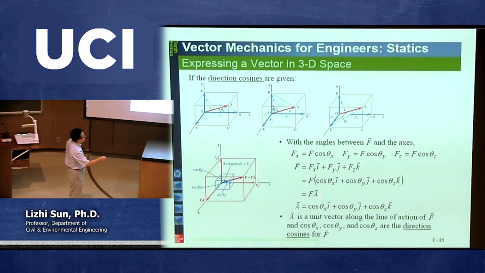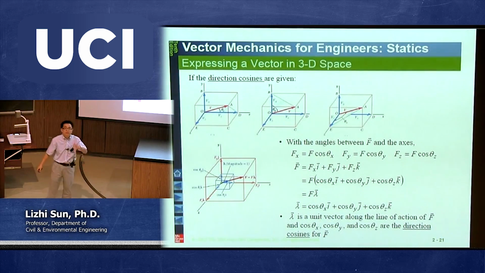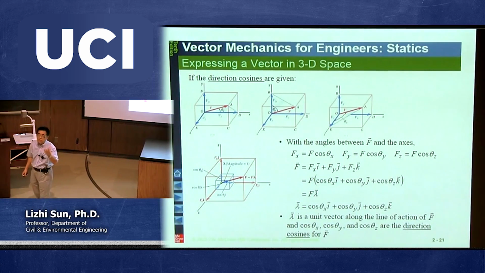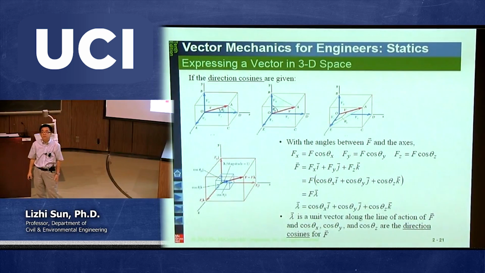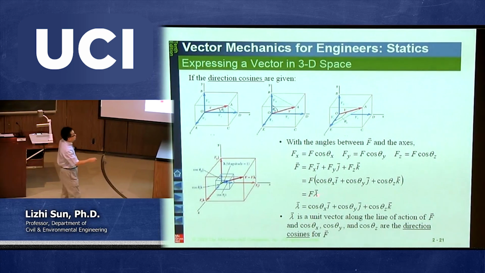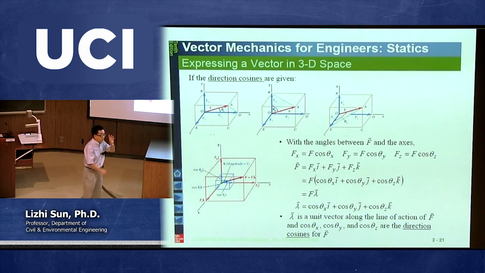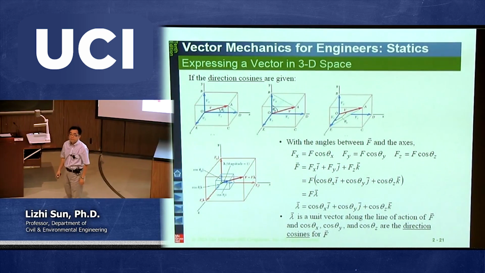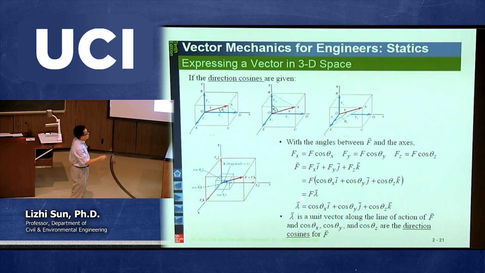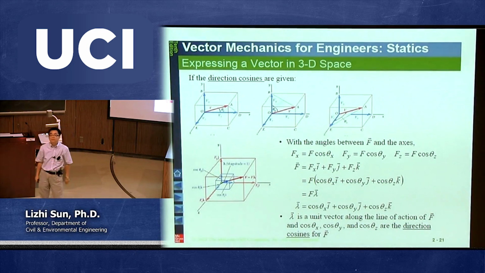It is multiplied by another term, which is called lambda. In fact, lambda is the unit vector of the force direction. It's a very simple equation, but it indicates a lot of new things if you look at it carefully. Again, the left-hand side is 100% physics. The right-hand side is 50% physics and 50% math.